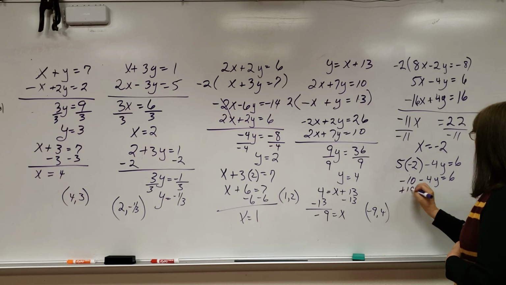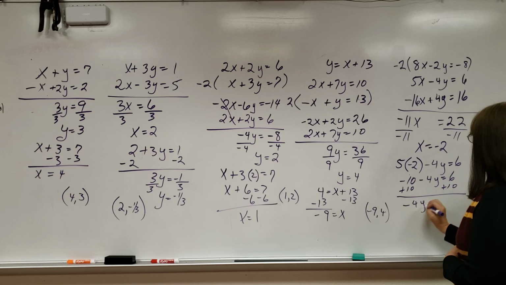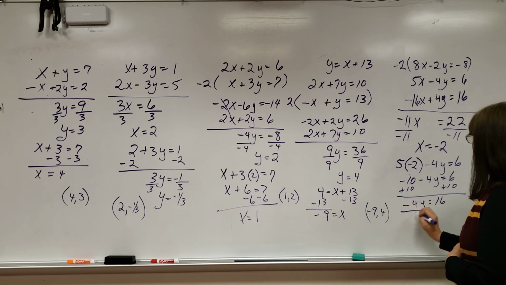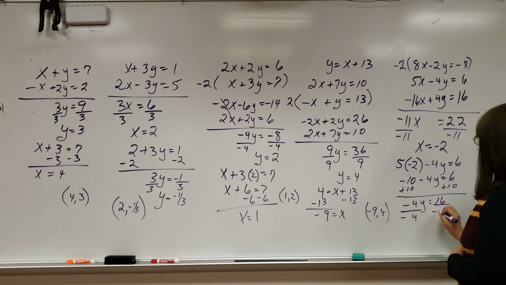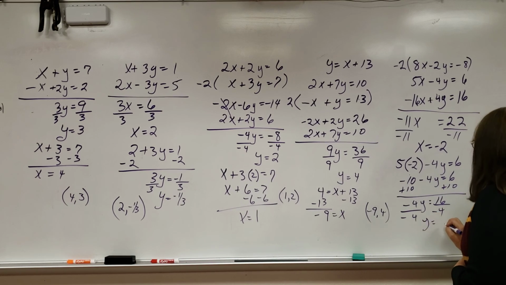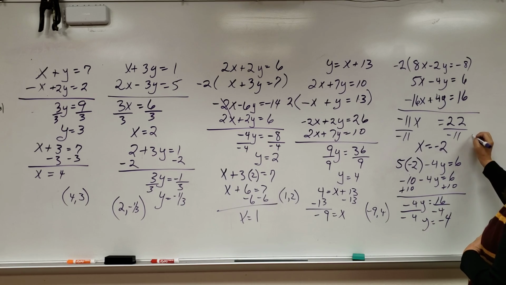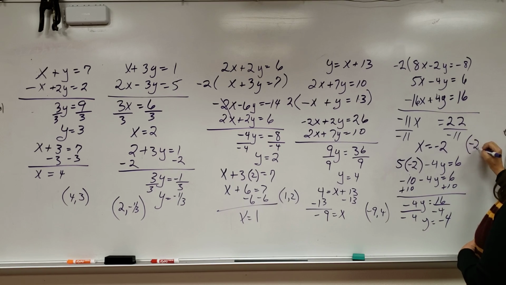Adding 10 to both sides, we get negative 4y equals 16. Dividing by negative 4 on both sides, we get y equals negative 4. So the answer to this system of equations is negative 2, negative 4.